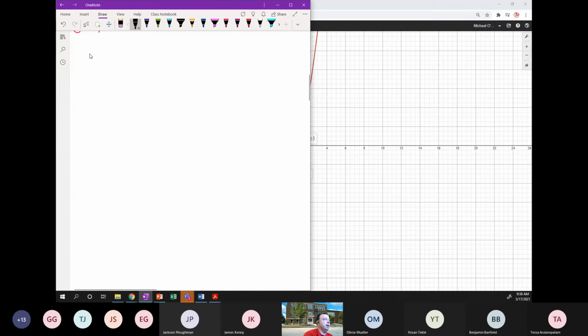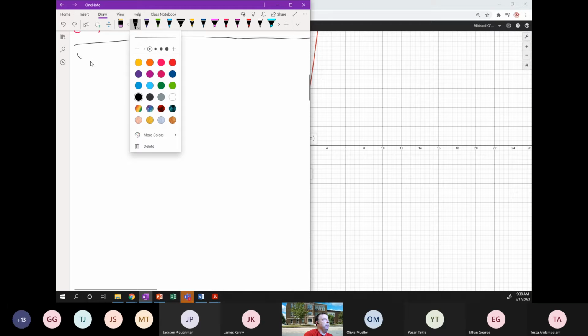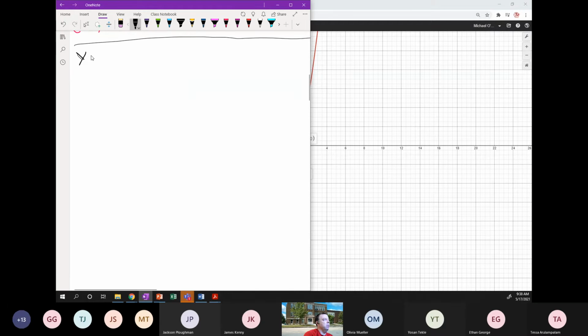The equation we're going to use this time is, let me draw a line there to make sure we know, y equals (negative x plus 5)(2x plus 4). Okay.